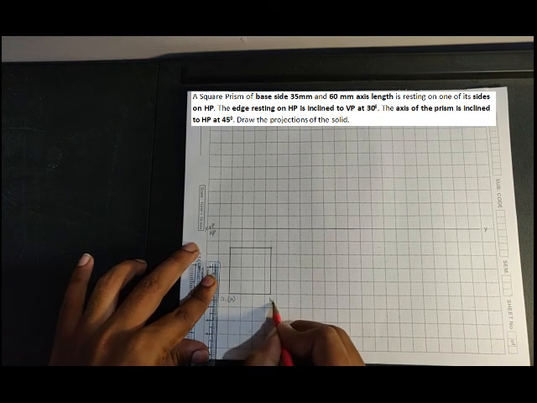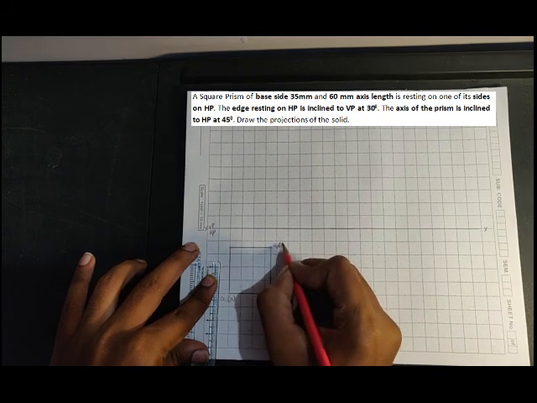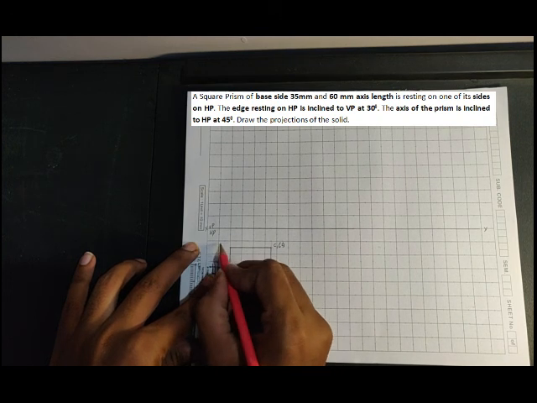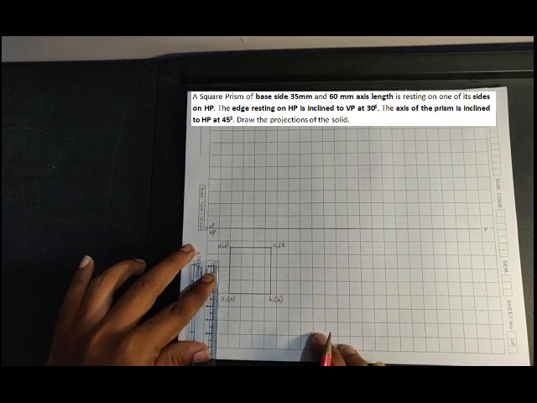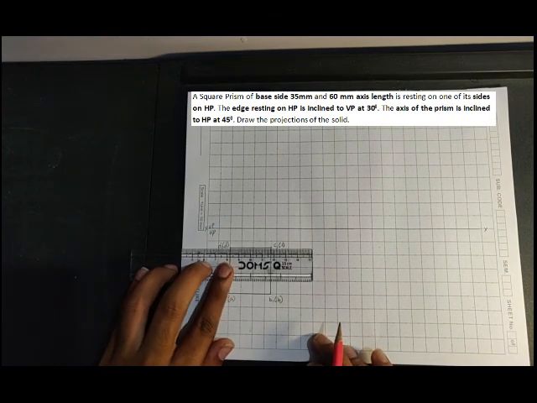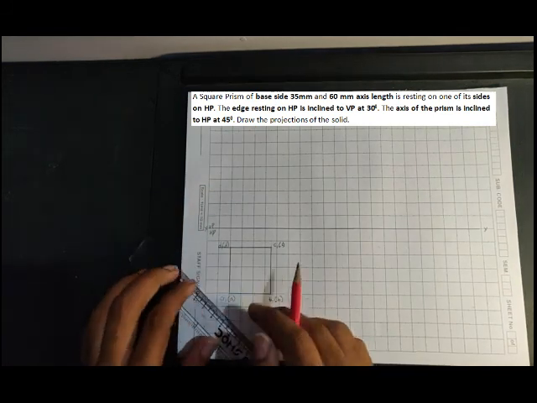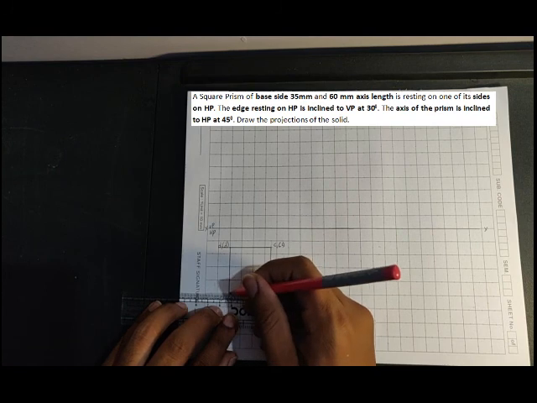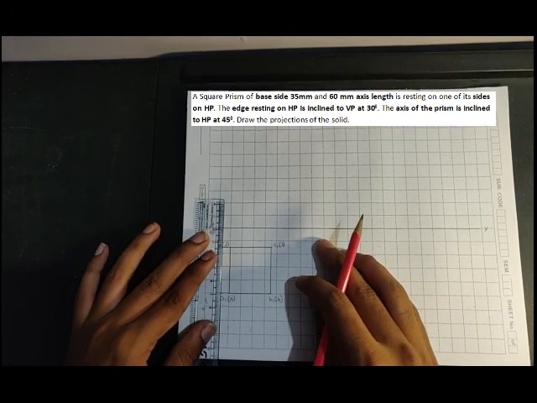Similarly B1, B, C1, C, D1, D. This is how you name this. Now let me dimension this. Make sure that none of the alphabets overlap with the projection lines or any other line. Avoid overlapping of alphabets here. Very simple.